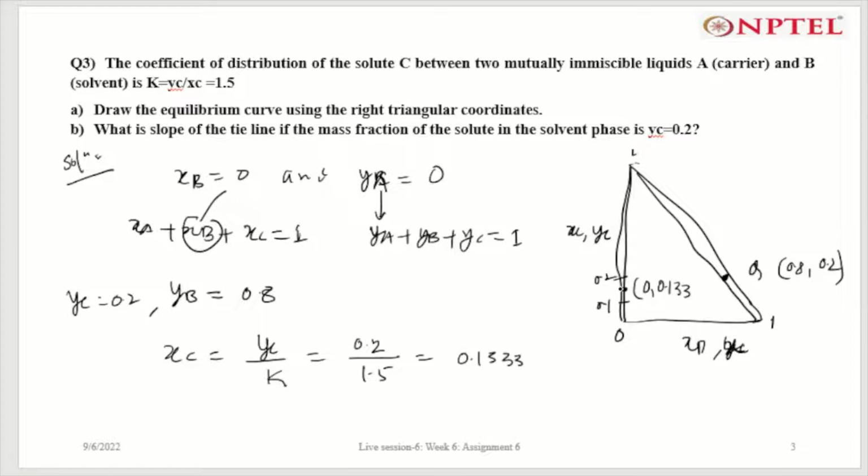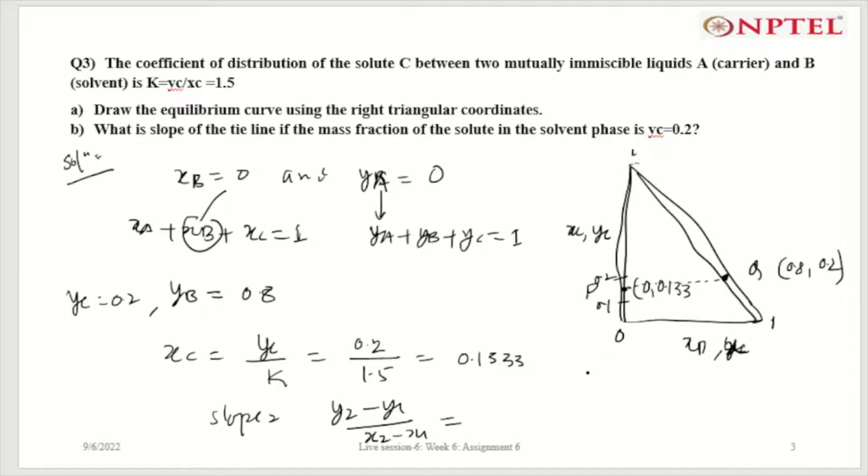Now connect this to the extract point. This is the tie line, denoted by PQ. Now we have to calculate the slope of this tie line PQ. All of you know the slope formula, y2 minus y1 over x2 minus x1.